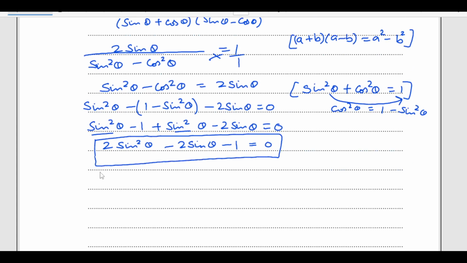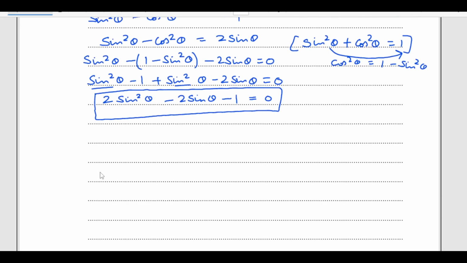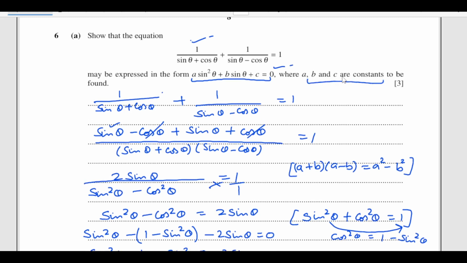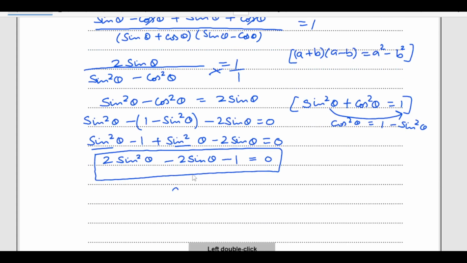This is our answer. Sometimes they ask you that a, b, c are constants to be found. So a here is 2, b is negative 2, and c is negative 1, right?